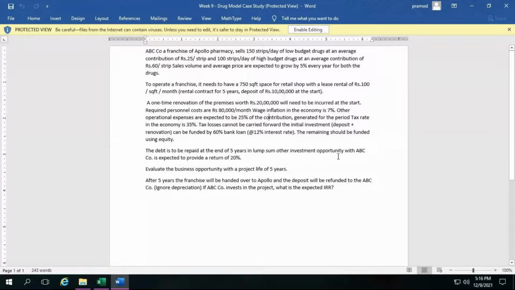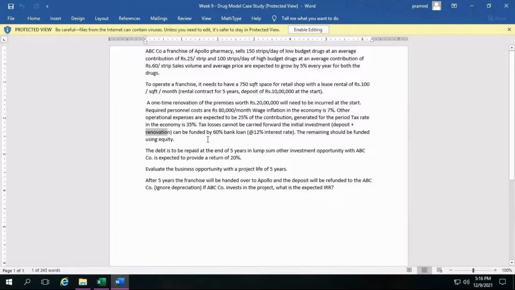The investment opportunity with ABC existed to provide a return of 20%. Deposit plus renovation can be funded by a 60% bank loan at a 12% interest rate. So here they themselves have told you deposit plus renovation is my loan.